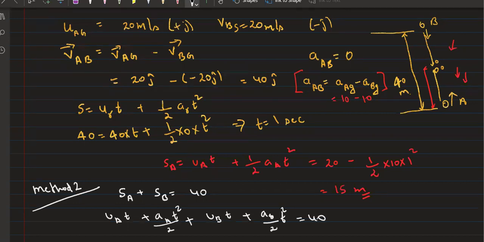As simple as that. After solving this, you will get the equation of time. Solve this, put the values. This is your method 2, right? But again, this is a lot of calculation. But this kind of problem may be asked in your exam.